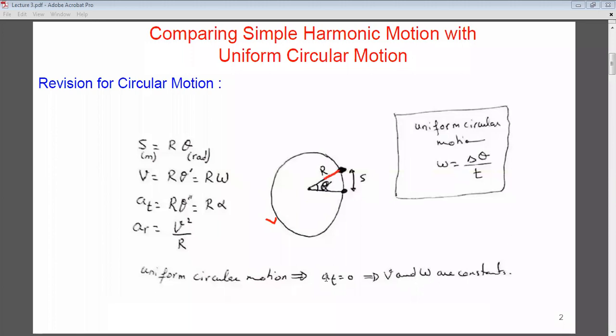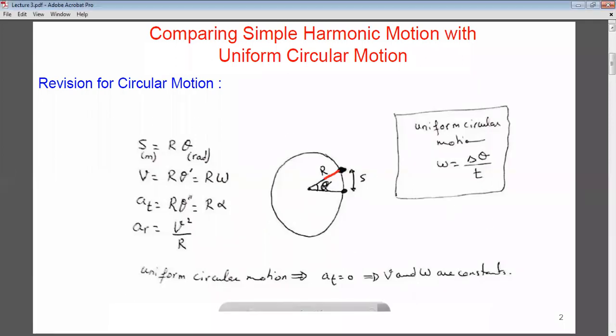Because when a tangential is 0, this means theta double prime is 0. This means theta prime is constant. That's to say v and omega are constants. Okay, so this is one way to describe the location of the sphere.